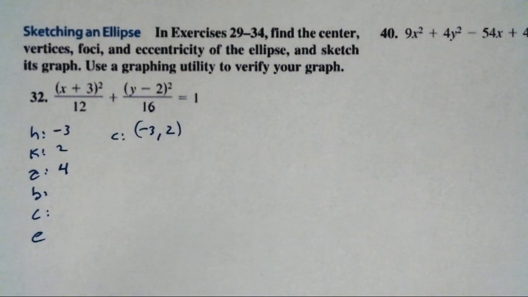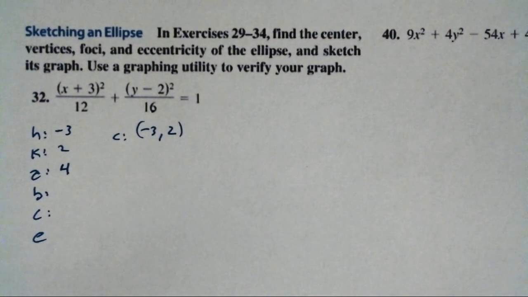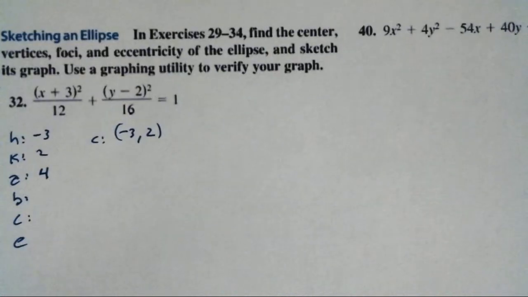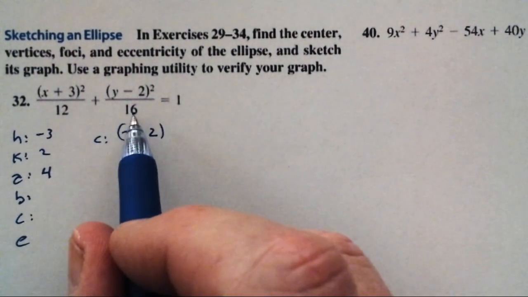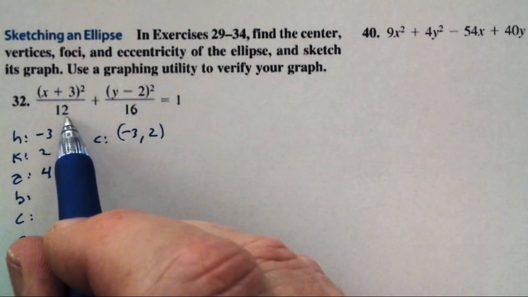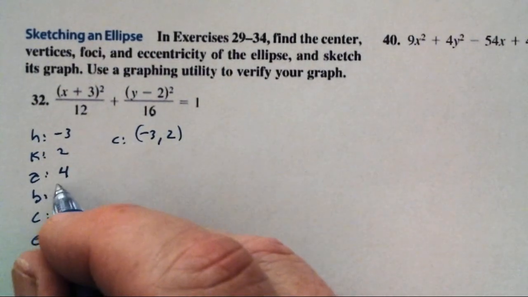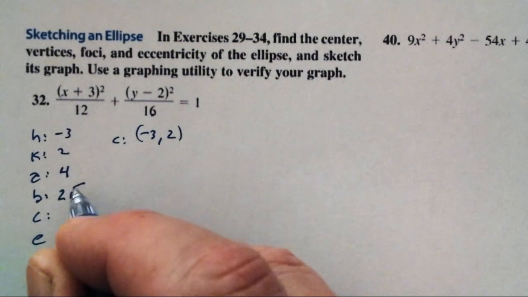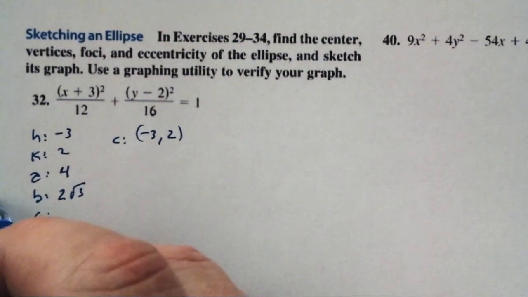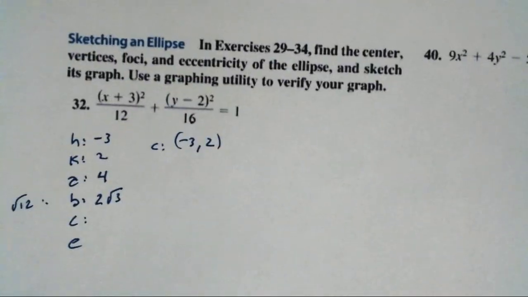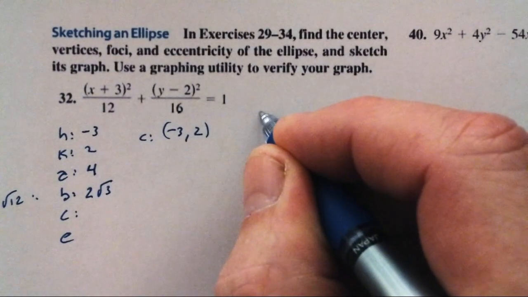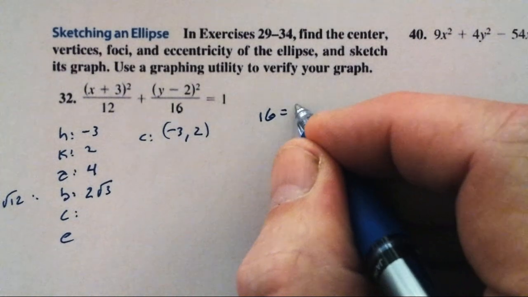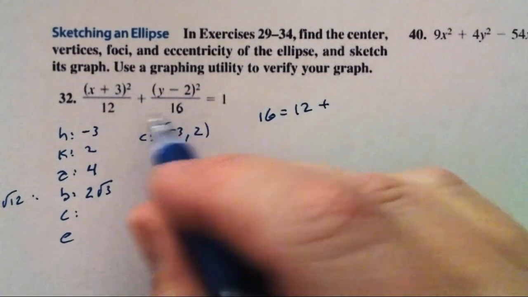Let's see, was I supposed to graph some of these previous ones just to check? Nope, we're good. And here we're supposed to end up graphing. And then let's see, B is the square root of 12. That's the smaller value. So that is square root of 4 times 3, or 2 square root of 3. And C, well, A squared 16 equals B squared 12 plus C squared.